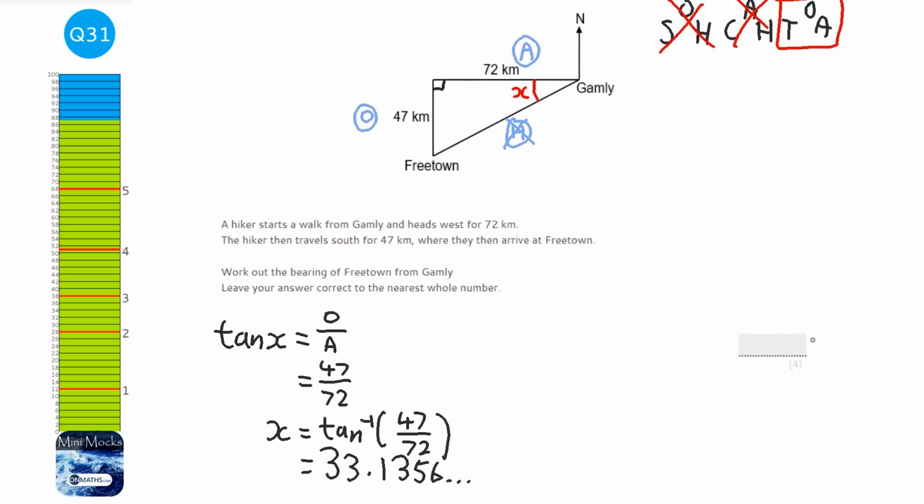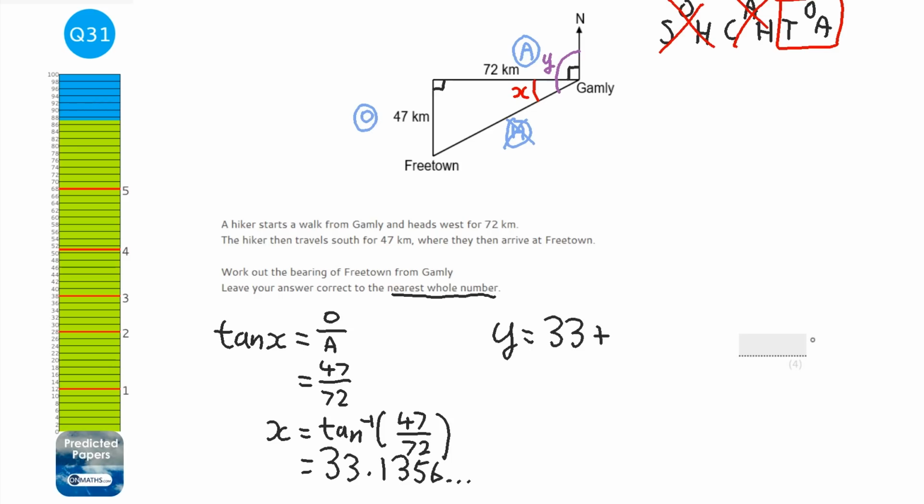Okay, let's have a look. So x is 33, but we still haven't got a bearing. What we can do is work out what this one is, and I'm going to call that y. So to work out what y is, it's going to be 33.1. Well, we're looking for the nearest whole number, so let's call that 33. And then we're going to add the right angle here.